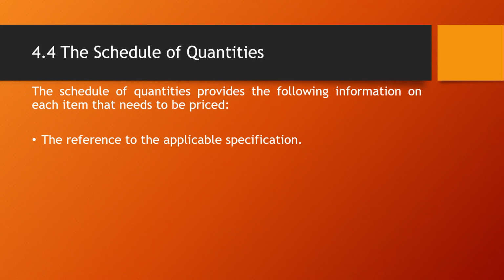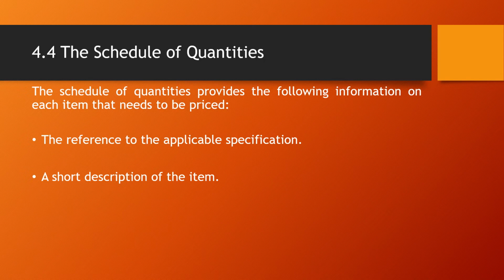It's normally the first column on your bill of quantities. It would have a specific code there. So when you go to that item and you see there's a code on the specification, then to read more on that item, you have to go to the specification and see exactly how they prescribe that item should be priced, how they expect that work to be done.